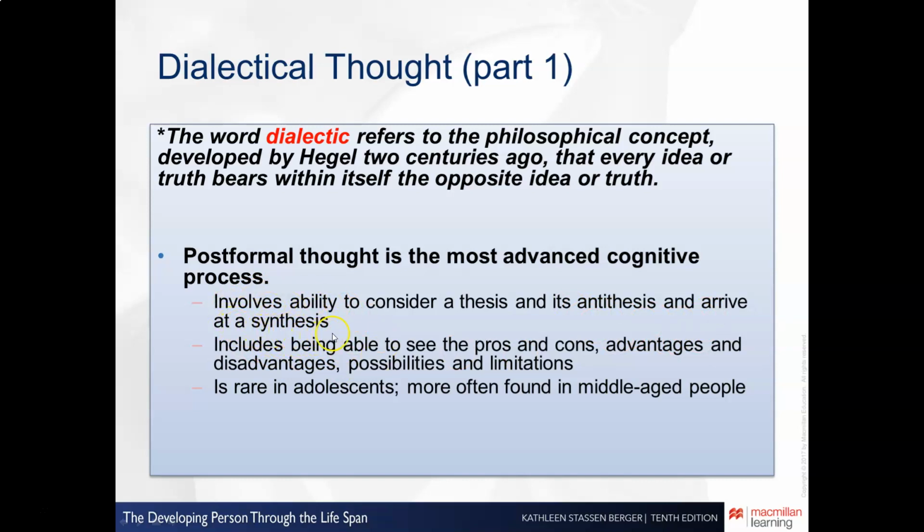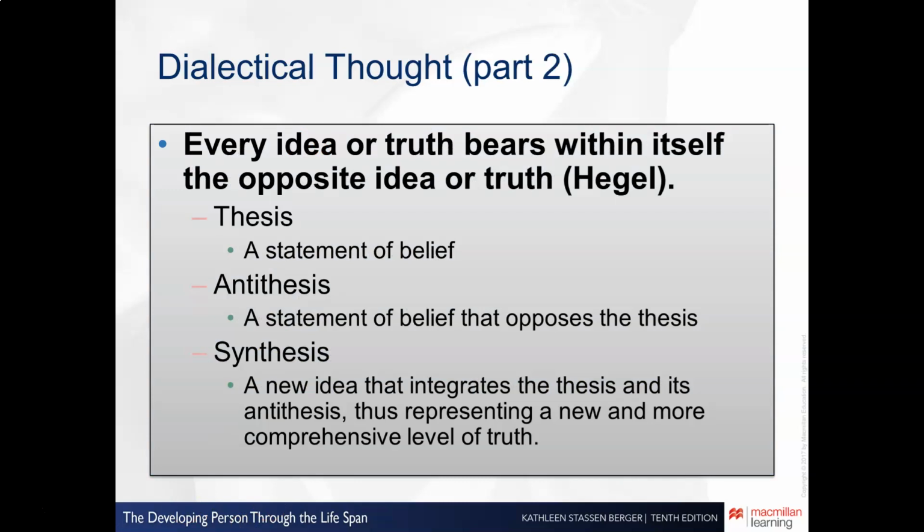Whereas when we were teenagers or younger, we may not have been able to do that as well. Okay, this is just a reminder, a summary of what dialectical thought consists of.